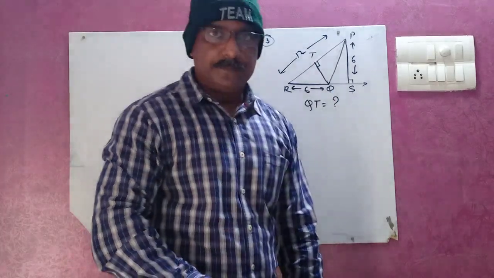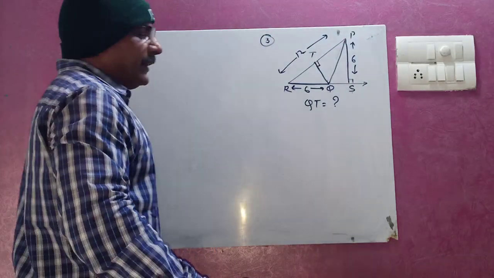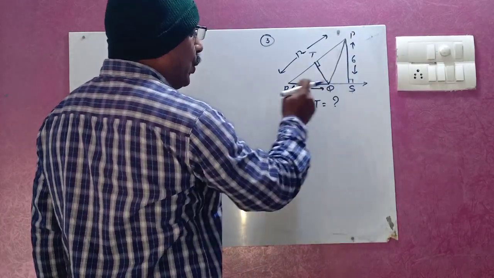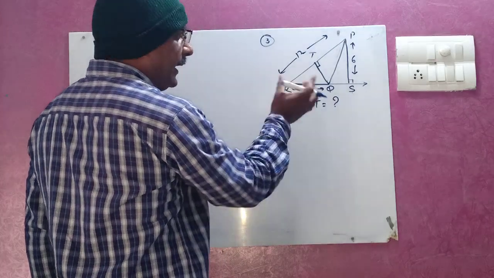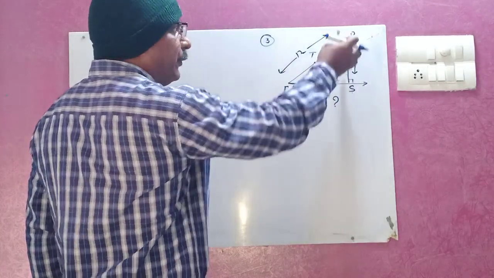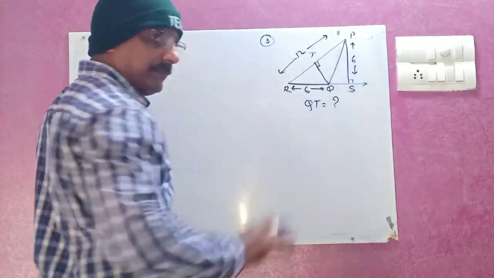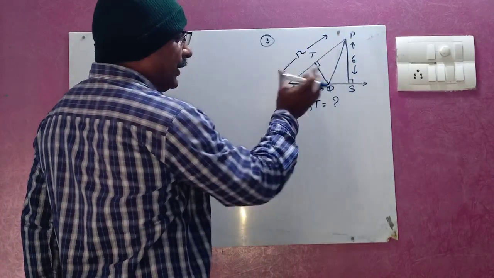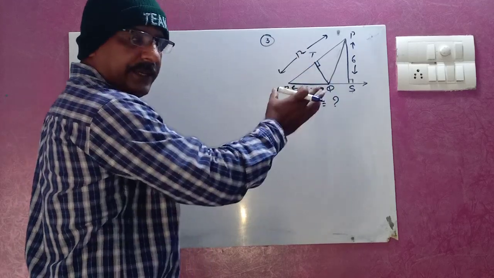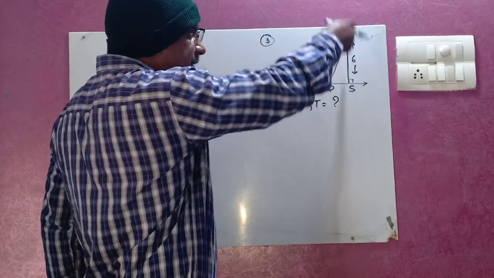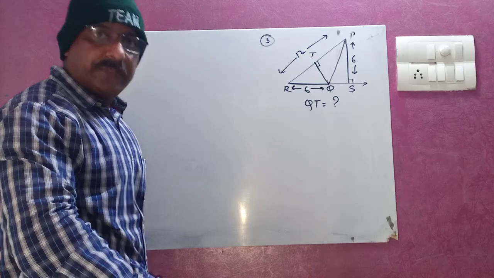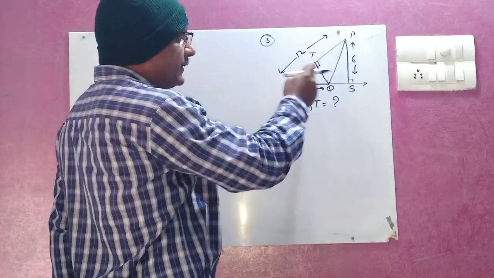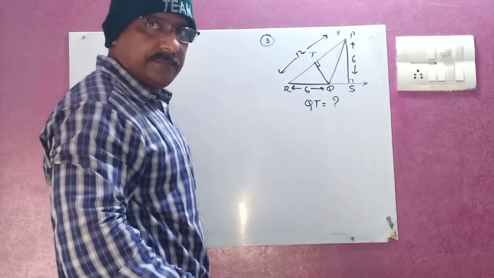Again an important sum. Okay? Children, if you see here, we have triangle PQR where QR is the base if you are taking PS as the height. Again, in PQR, if you are taking QR as the base, then PS becomes the height. Similarly, if you are taking PR as the base, then QT becomes the height.